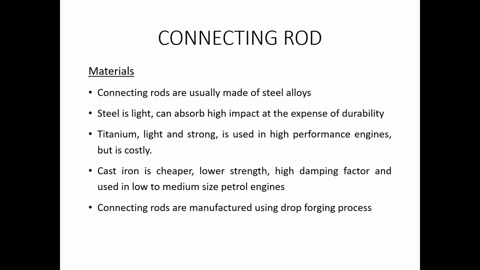By using the drop forging process, it ensures that the entire connecting rod has a constant strength, because increased strength at any particular region will produce stress concentration, and it will in turn cause the failure of the connecting rod. So in order to prevent that, it is ensured that the connecting rod has the stress distributed equally throughout its length.